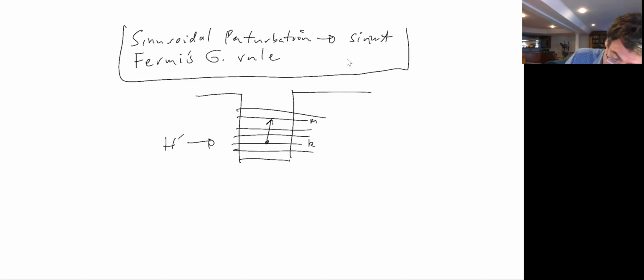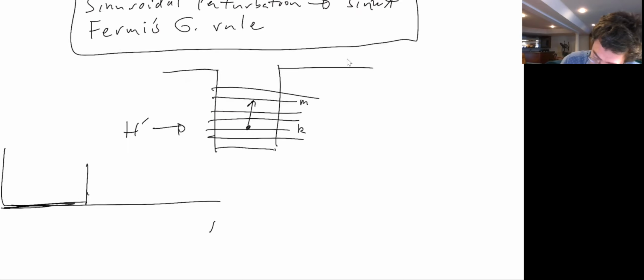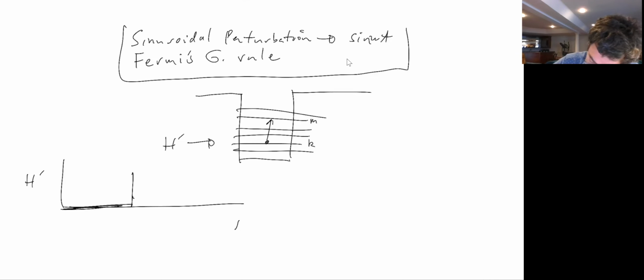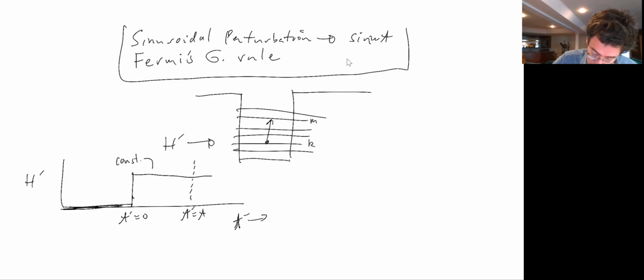Suppose that h looked like this, where it's 0 and then it turns on. This is a function of time t prime, and this is t prime equals 0, and then we're talking about what happens at some t prime equals t. Where this is constant, if we turn on that perturbation, we want to know what happens.